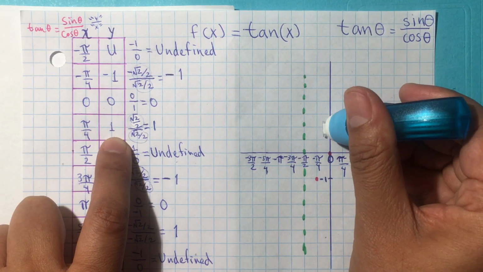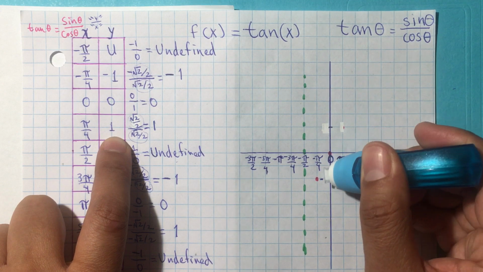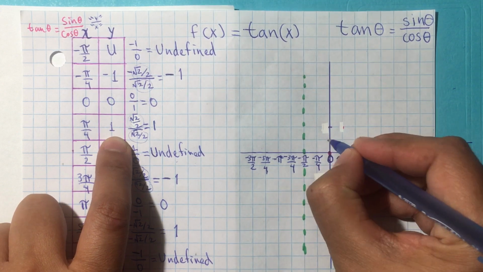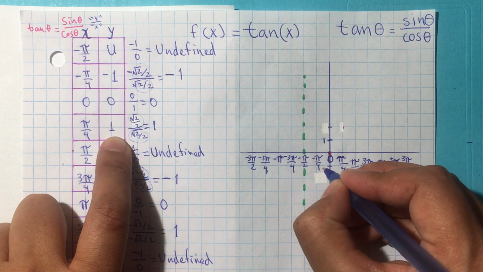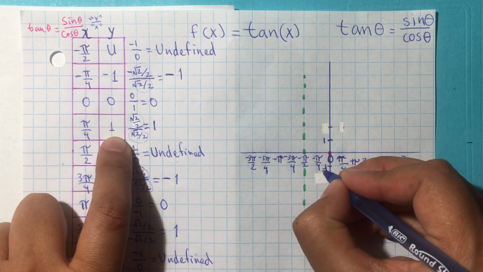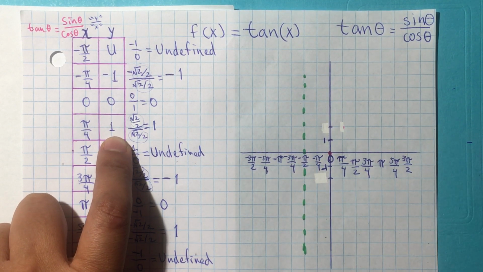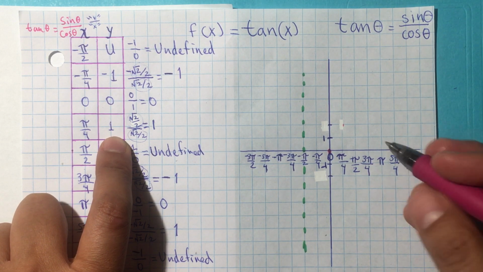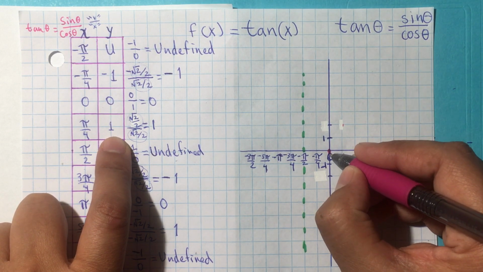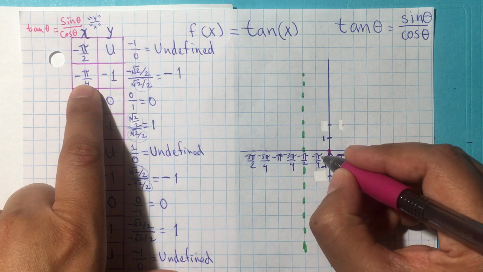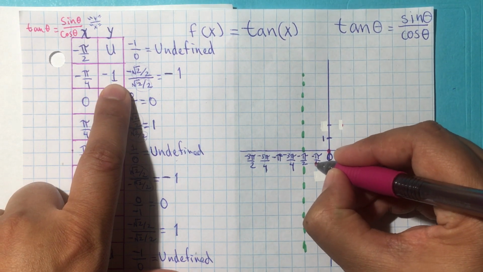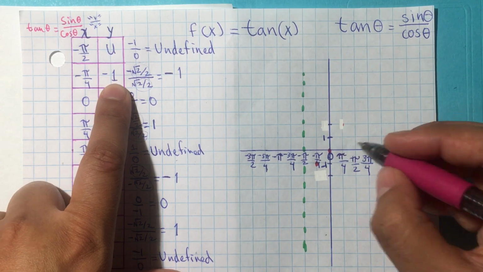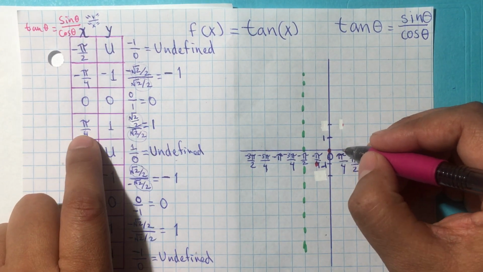I think so that it looks more pleasant, I'm going to change it. I'm going to put the 1 in here and the -1 down here. It could be the same thing, it's just so that you can see it more. So let's go back. -pi/4 is -1. It's right here. That's 0, 0.